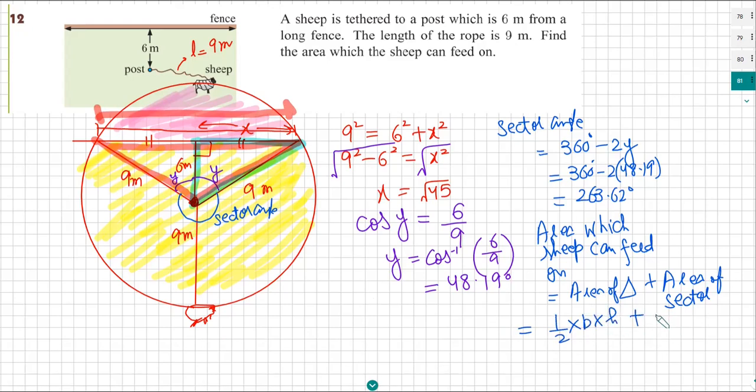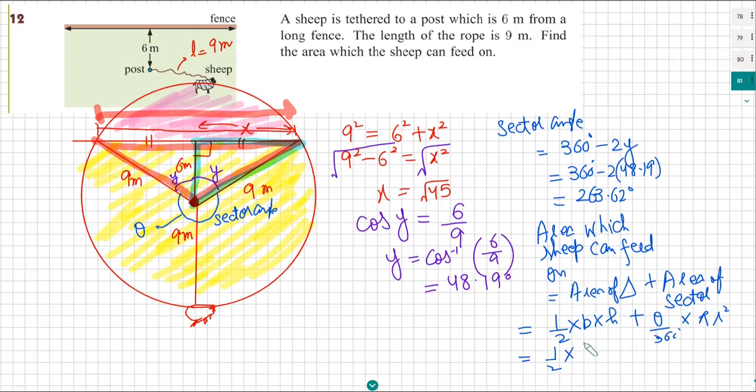What is the area of sector? Sector angle theta divided by 360, where theta is actually the sector angle, multiplied by pi r square. What is r? R is 9 here. So 1 over 2 base is obviously 2 times x.